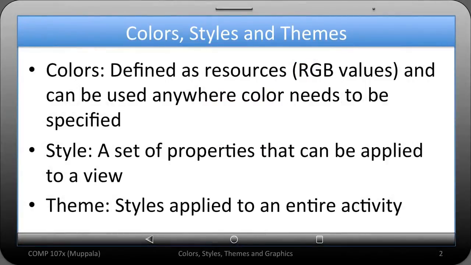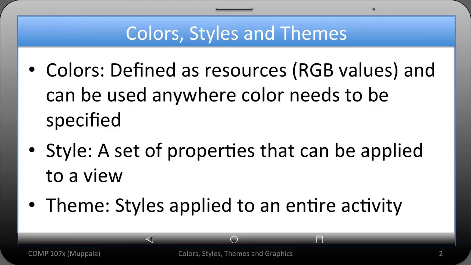So how do we apply colors? We can use colors that are already provided by the Android framework, or we can define our own colors as resources in terms of their RGB values, and these can then be applied to any component on the user interface. Styles are a collection of properties that can be applied to any view that we use on the UI.